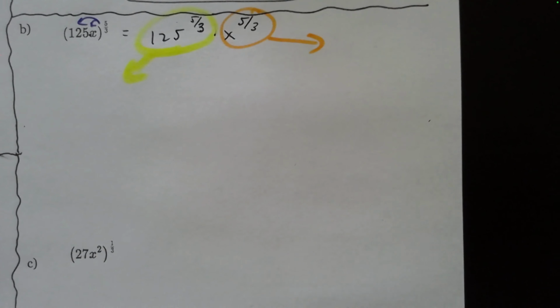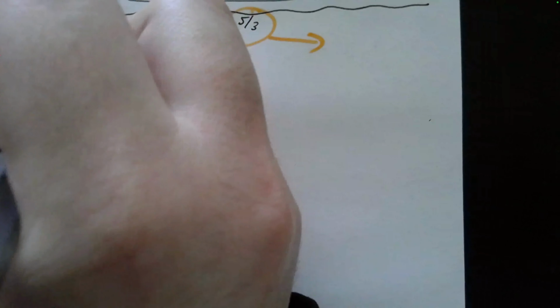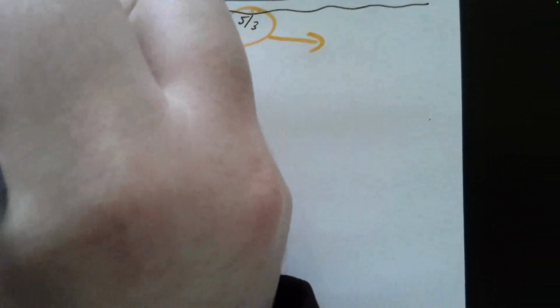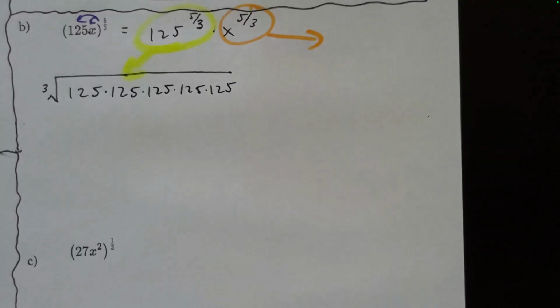Start with 125. 125 has a root of 3, and 5 125s. Top is 5, that's why there's 5 of them. Bottom is 3, that's why I'm looking for groups of 3. Circle groups of 3.